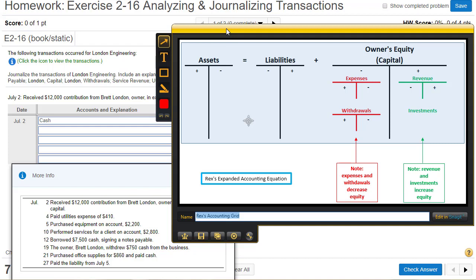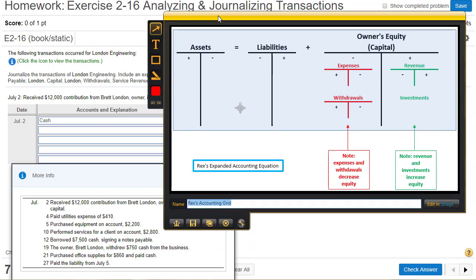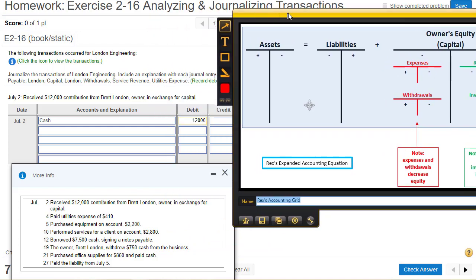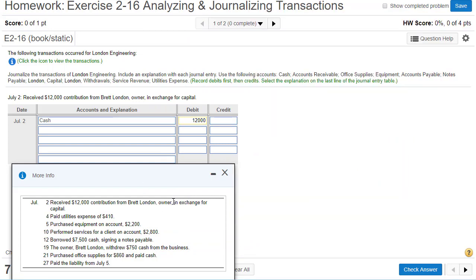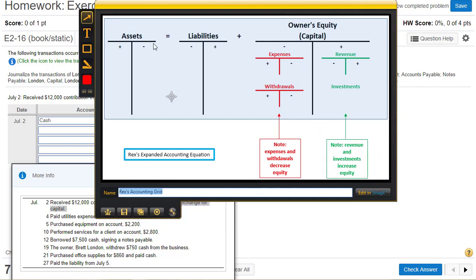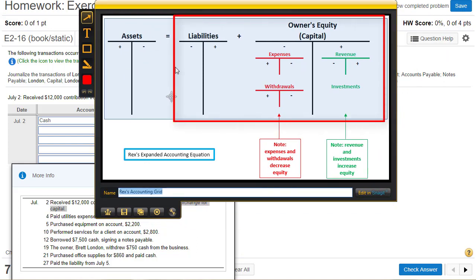Now, we have to figure out, well, what is the other account? Well, the transaction tells you, in exchange for capital. So what's going on here is the company's cash is going up. And remember, on the right side of the accounting equation, we have two main accounts, either owner's equity or liabilities.